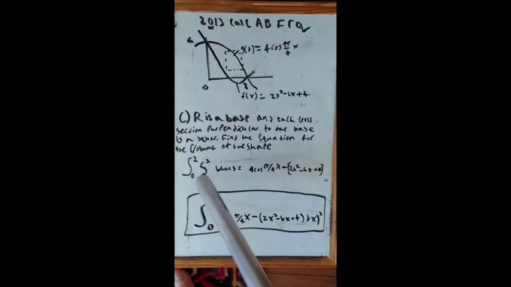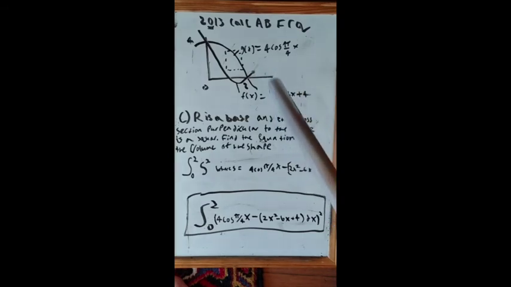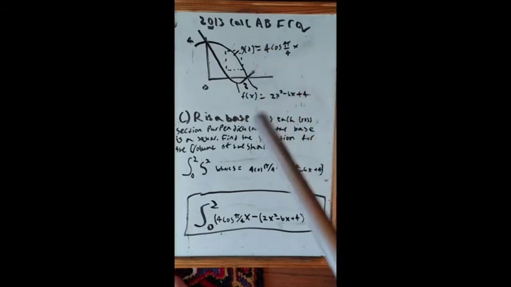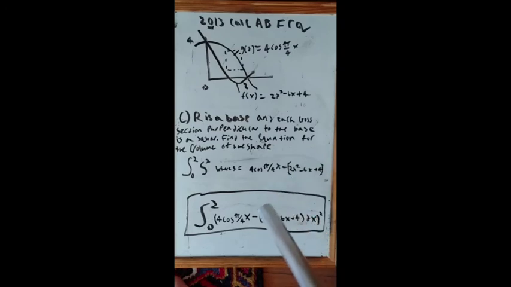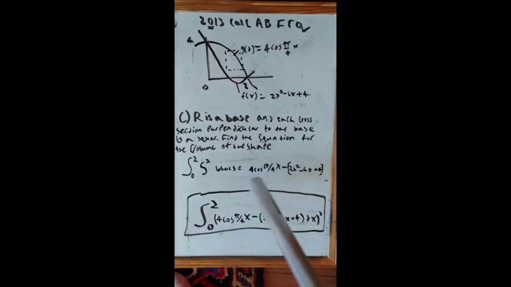Now you have to find what that side is equal to. In this case, the side is going to be high minus low, so g minus f is going to be one side of the square. So now you have your integral from 0 to 2 of s squared. You know what s is. All you have to do is plug in g minus f for s.